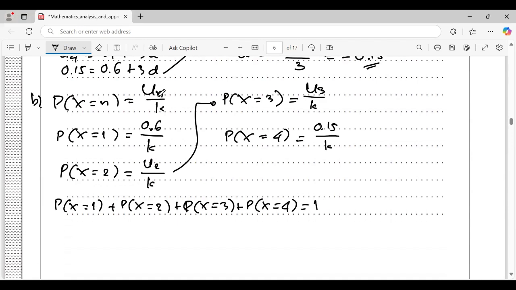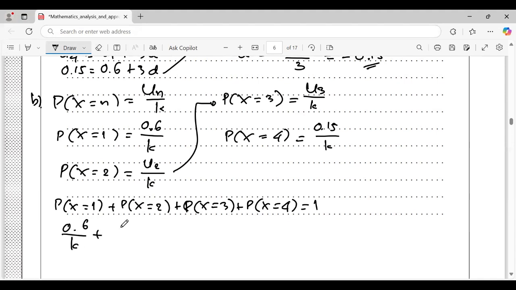The probability x equal 1 is 0.6. Sorry, I'm wrong. We are going to start 0.6, not including un, because x equal 1 is 0.6.